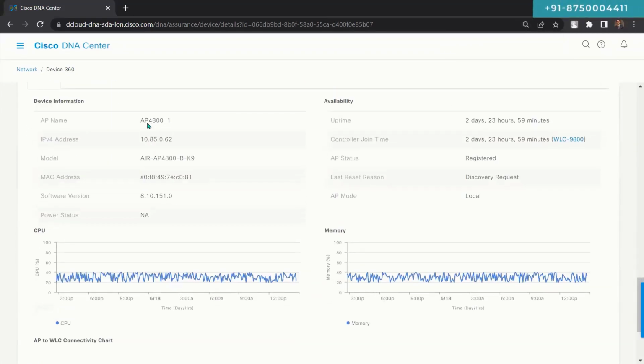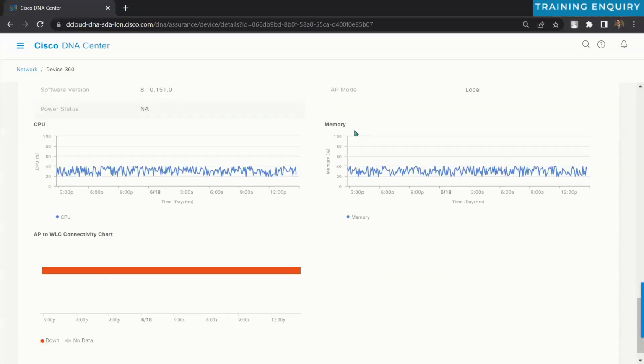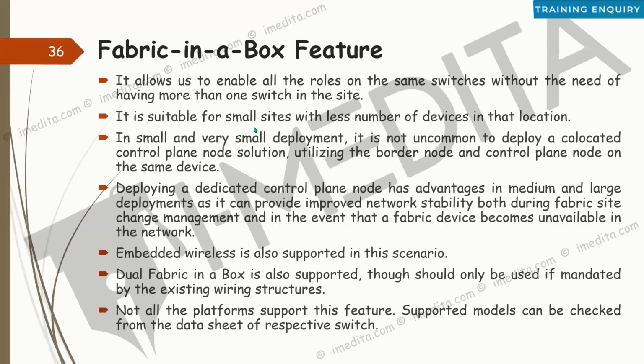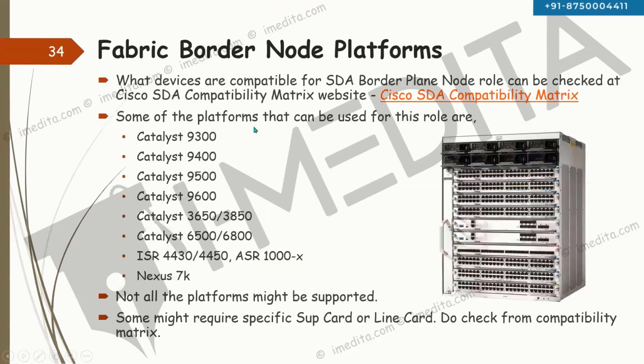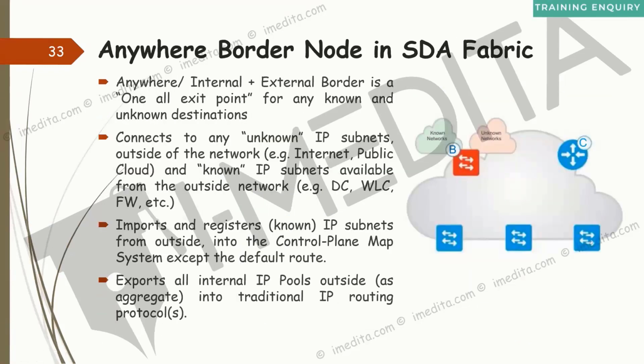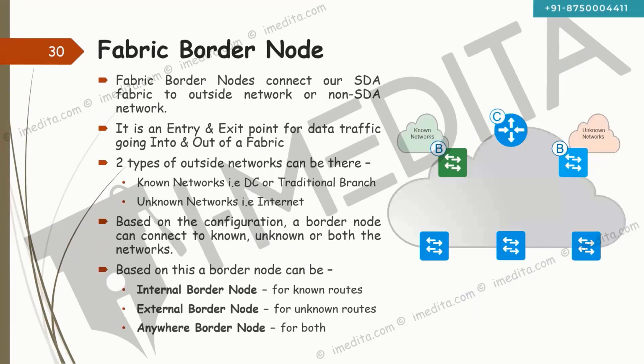What are the users? What is the AP name? CPU utilization, uptime, and everything. So these are all the physical devices that we have here in our SDA infrastructure. These are the different types of devices and roles. Basically, this is it about the physical layer in the SDA infrastructure.